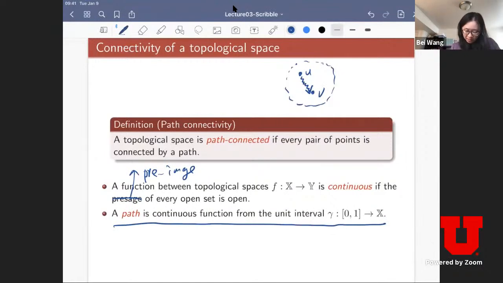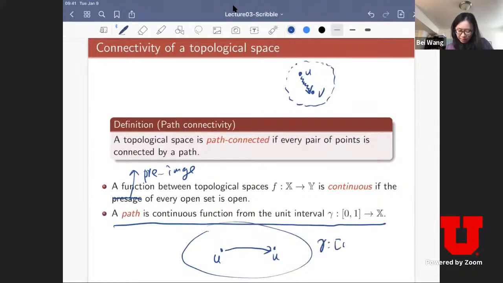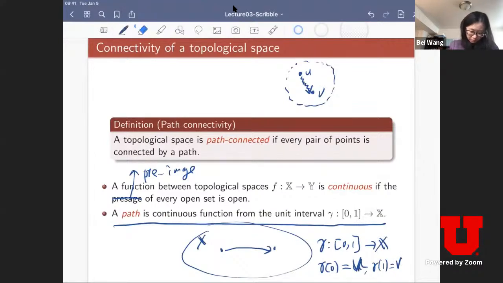If I want to describe a path in a topological space between U and V, this can be described by a parameterized curve, essentially, which says that gamma of 0 is my starting point, and gamma of 1 is my ending point. So my starting point is U, and my ending point is V.